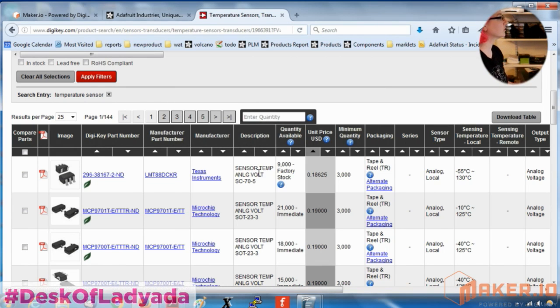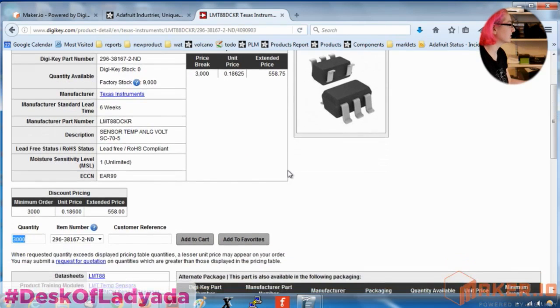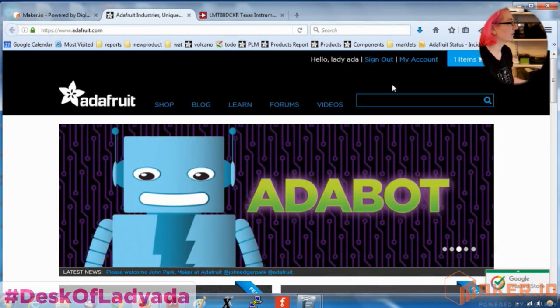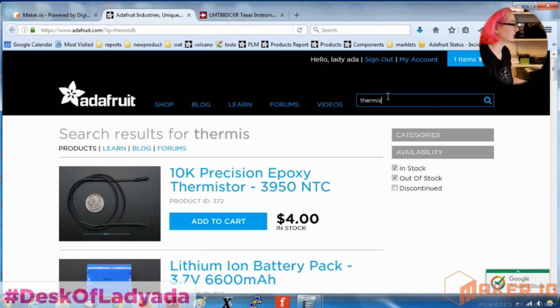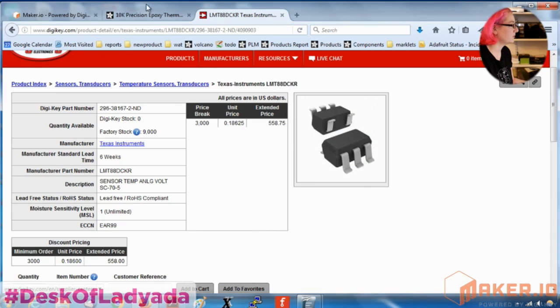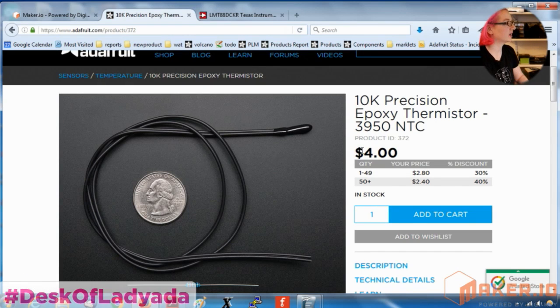Okay, so we're searching for temperature sensors, and we sort by price backwards, and came up with the LMT88. This is an analog temperature sensor, and I can get it for about 20 cents. Thing is, this gives you an analog voltage out, which is all well and good, but having sold thermistors in the store, I know that you don't really need an analog voltage out.